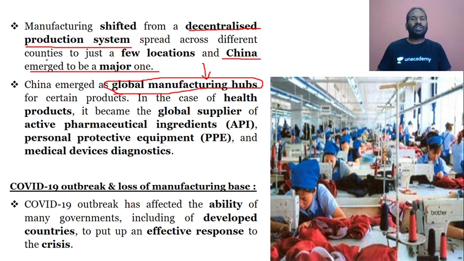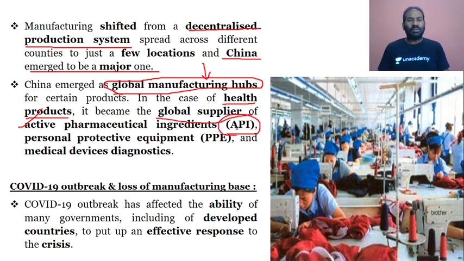So China has emerged as a global manufacturing hub, and when we look in particular at health products, it has become a global supplier. In regards to health products, China has become a global supplier of active pharmaceutical ingredients. This is very important with regard to the prelims analytical question.